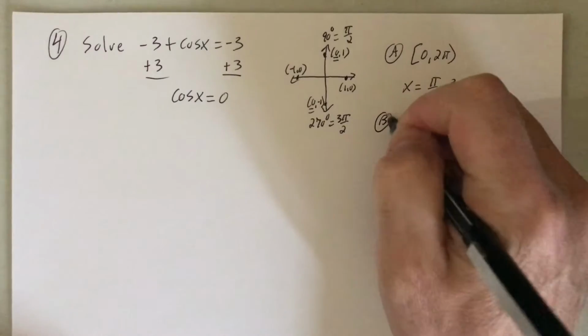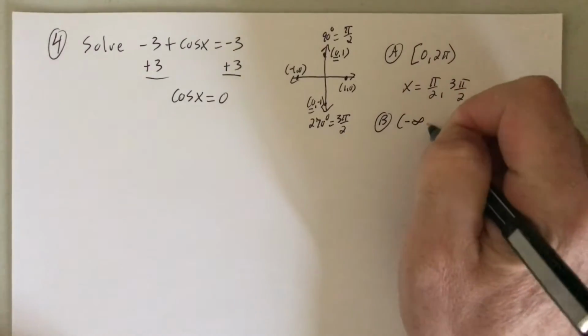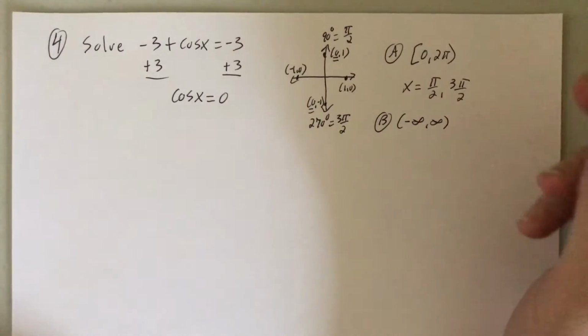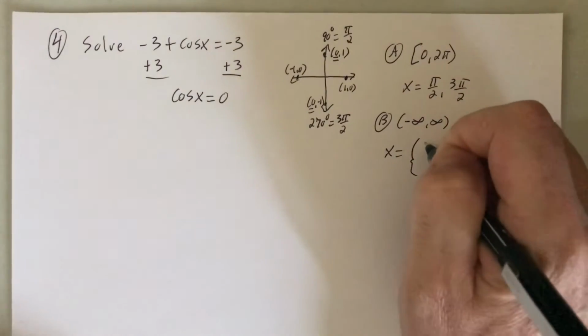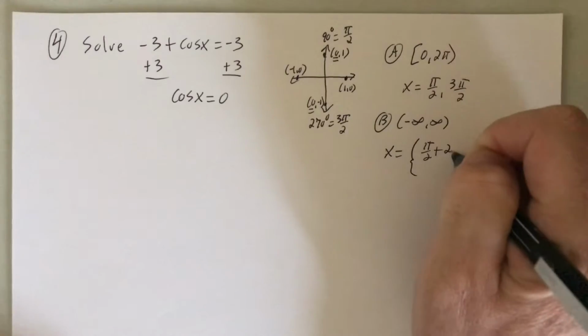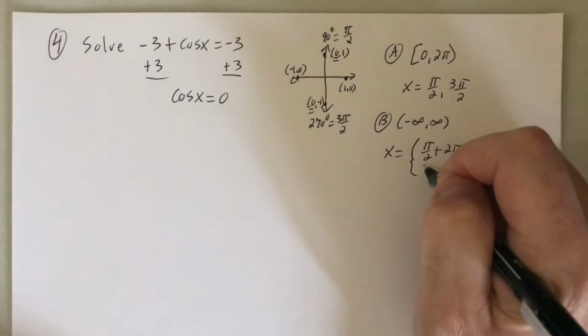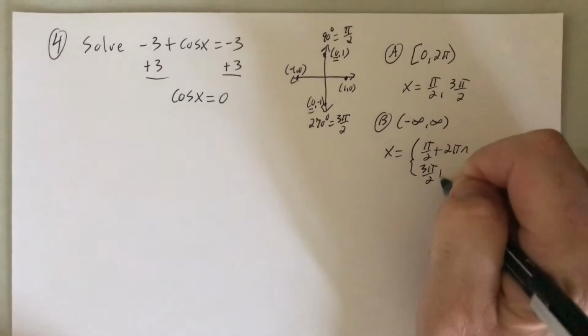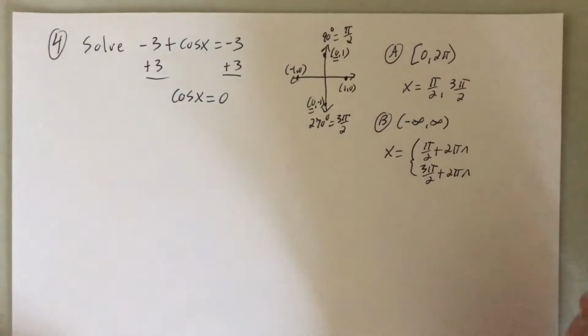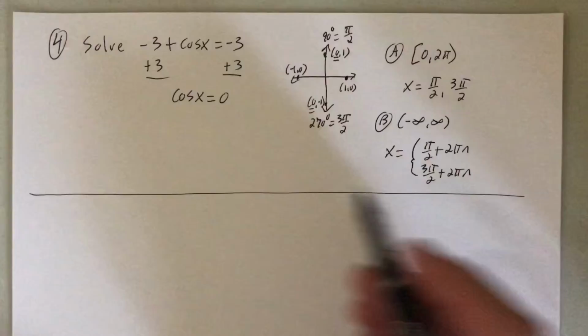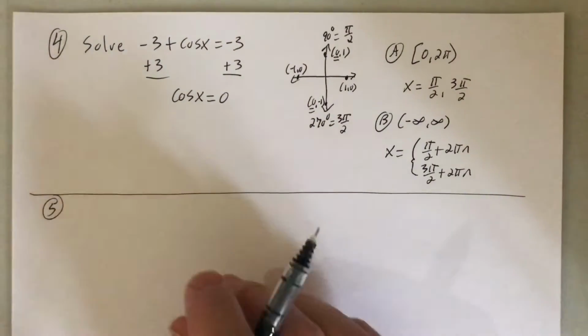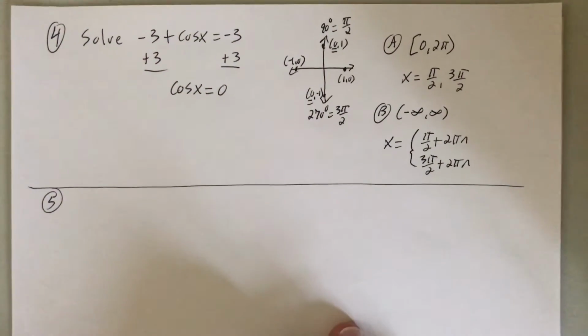And then on the interval from -infinity to infinity, x is equal to pi over 2 plus 2 pi n, and then 3 pi over 2 plus 2 pi n. Okay? Cross that over.